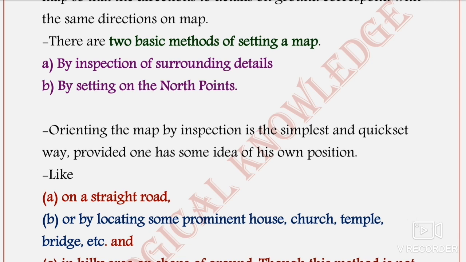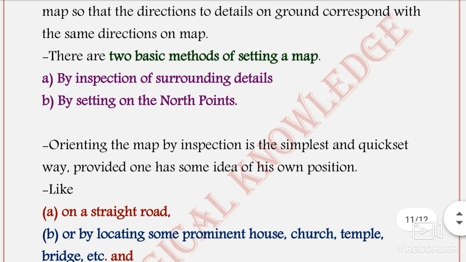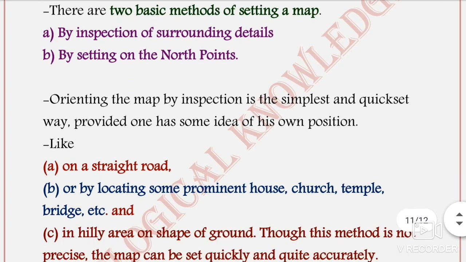Suppose a temple is there, so you must know the temple, its position, especially its direction. That can be very important for you to understand the direction of other objects or the direction of the map.